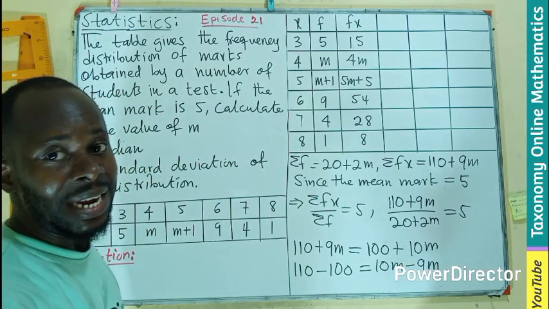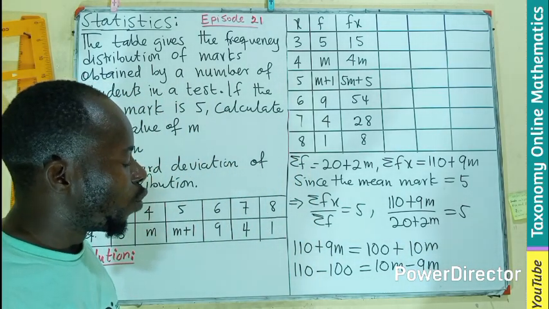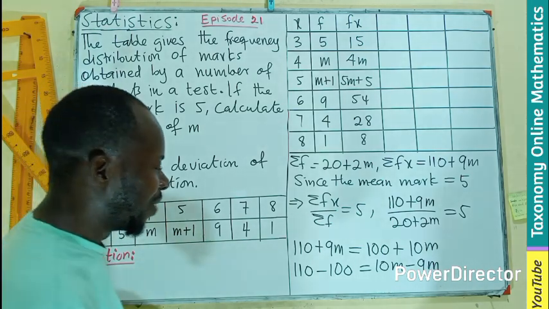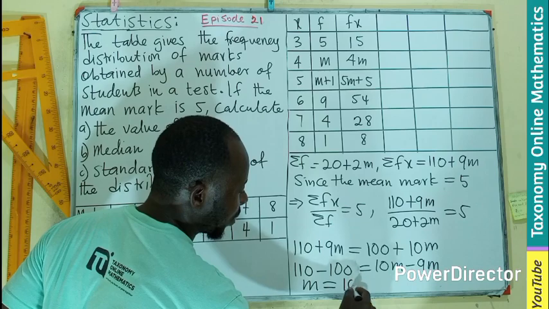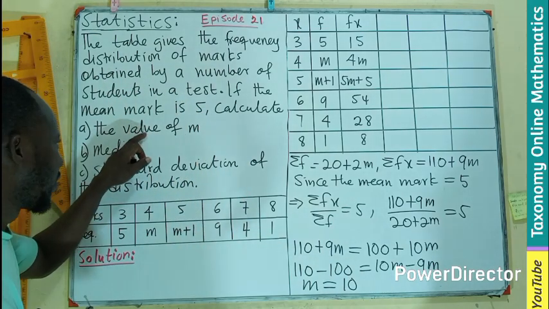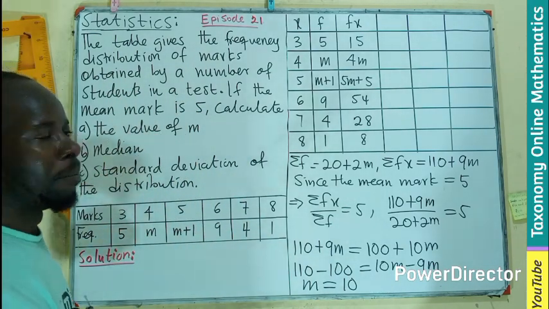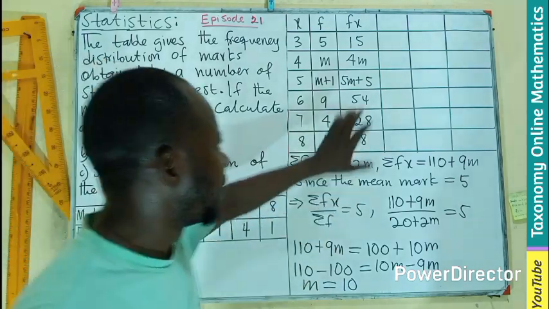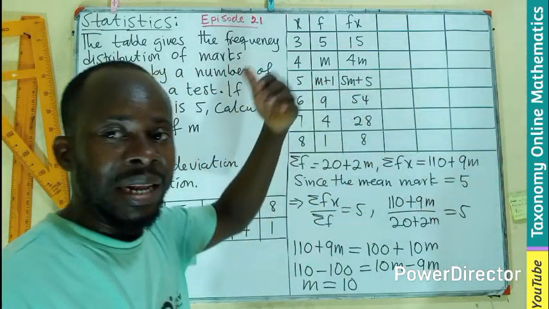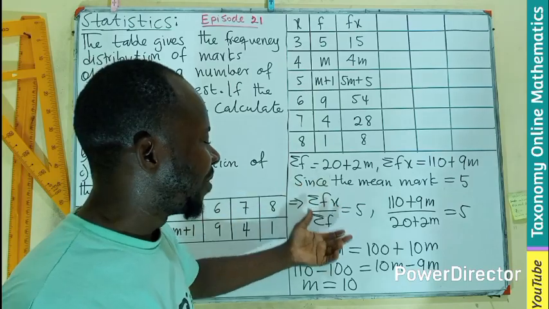I believe you can see 10m minus 9m will give you 1m. 110 minus 100 will be what? 10. So m is equal to what? 10. The first question, find the value of what? M. And we've got that to be what? 10.